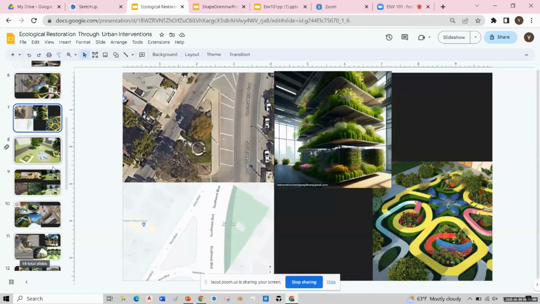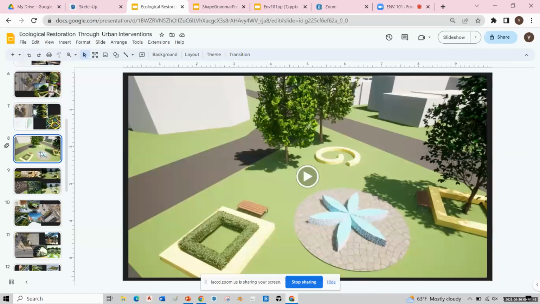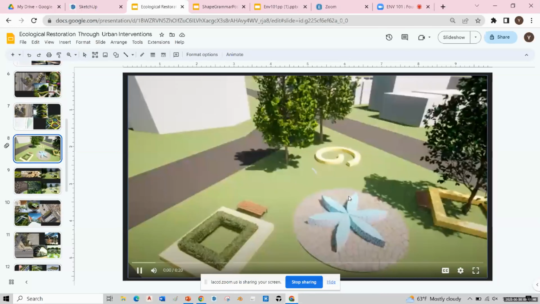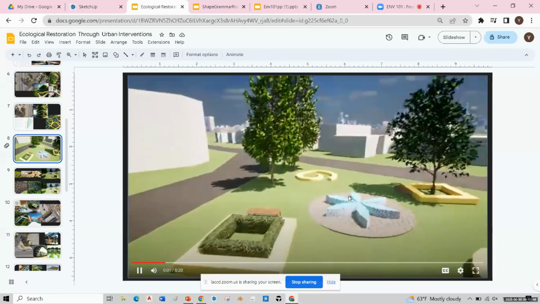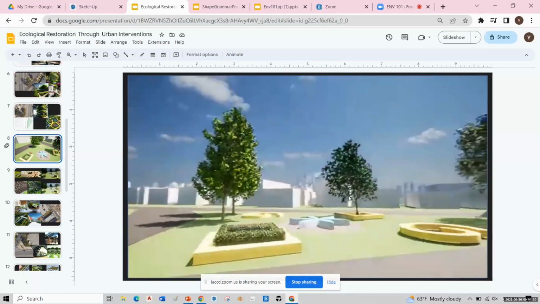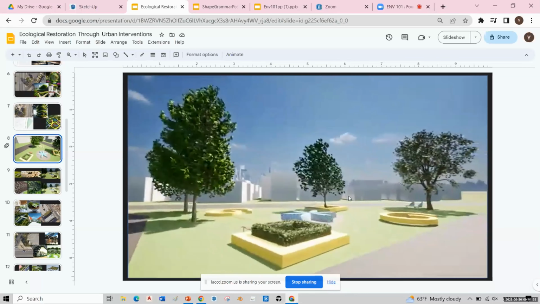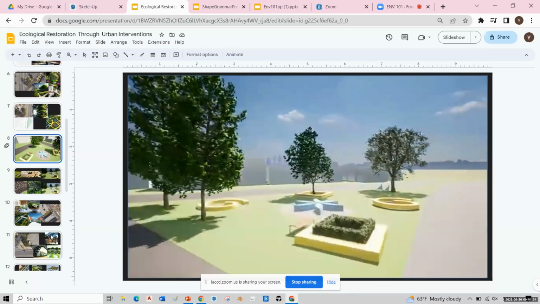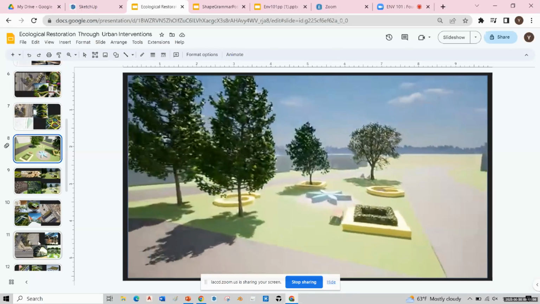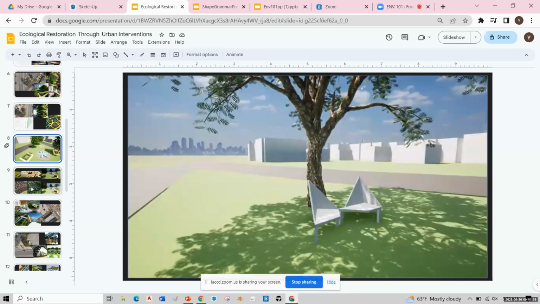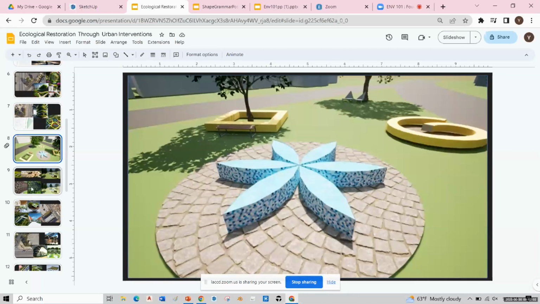Another pocket park. This is my take on the pocket park. I created those chairs for the pocket park using an AI.